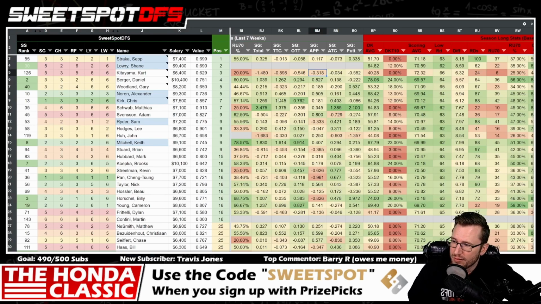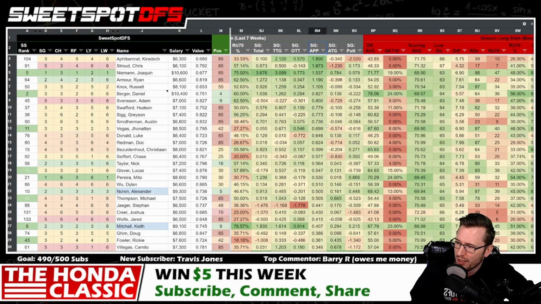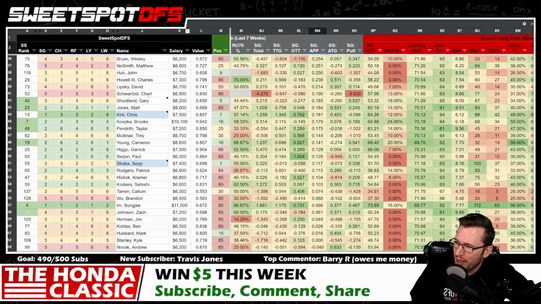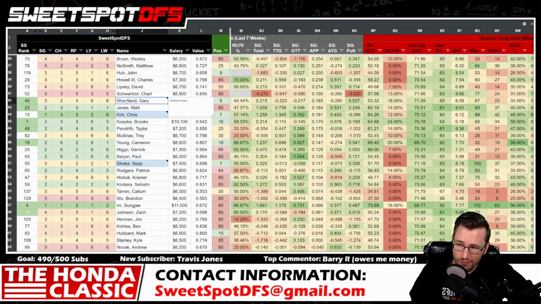Now, granted, everyone else was positive approach, so that's wonderful, but there's nothing in here telling us the answers about, hey, you want to select the best approach players, or nothing's even saying select the medium approach players. We come down here and we've got a big chunk of them right here. Now, this would be 41st. Woodland would be the 41st best approach player over the last 7 weeks.